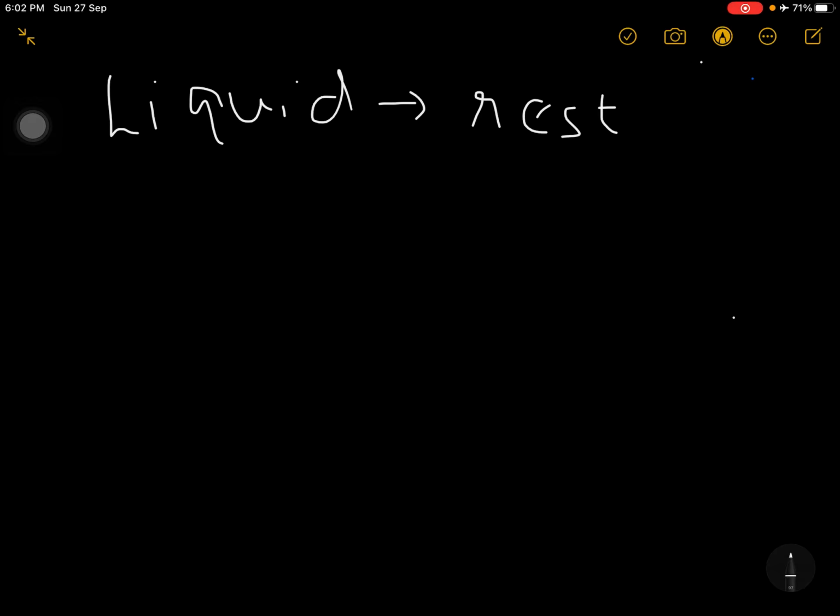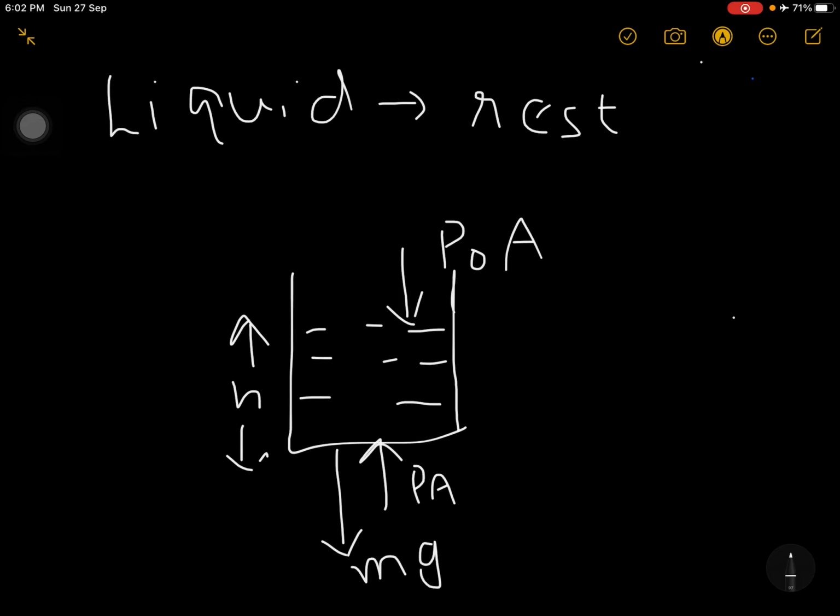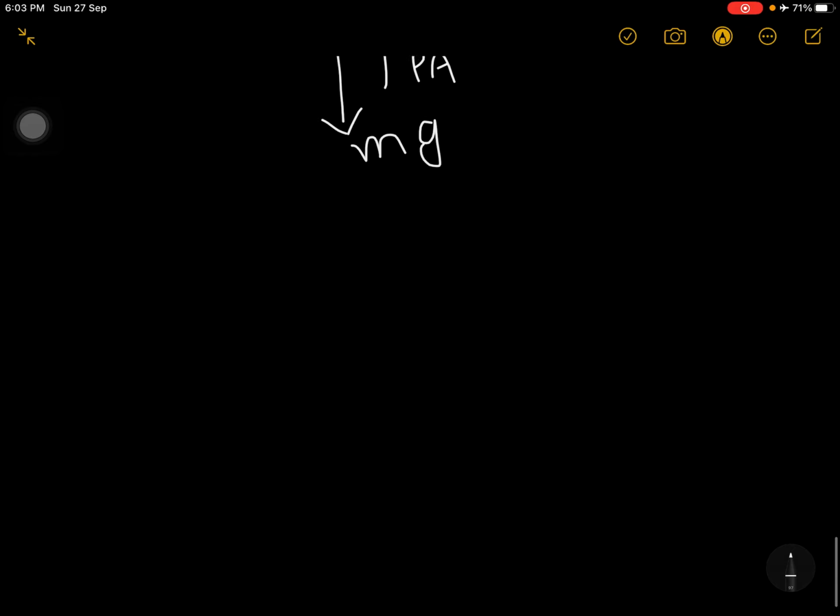Let me draw that again. The atmospheric pressure force is P naught A, and the height is h. The pressure force PA acts upwards, gravity mg acts downwards, and the acceleration is upwards, mass into acceleration.